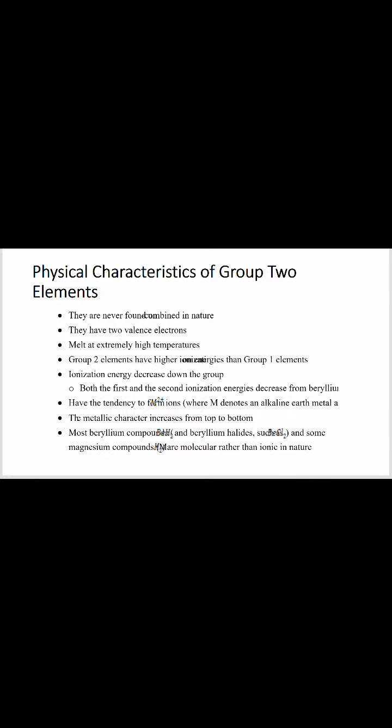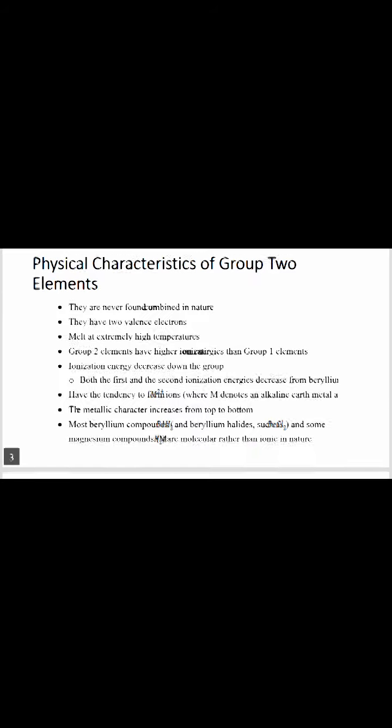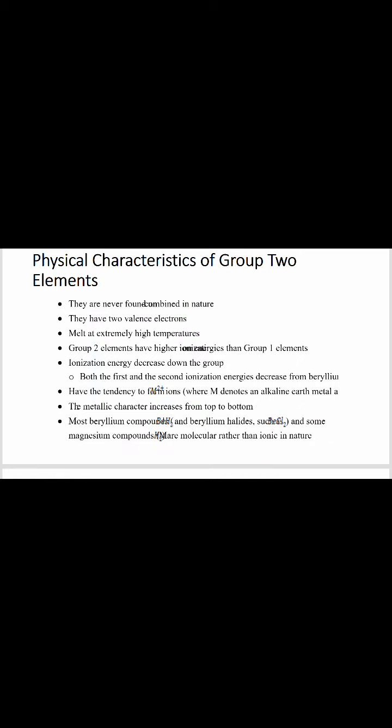Sasa if group 2 element wana electron wawili nje na group 1 ana electron mmoja, maana yake group 2 watahitaji energy nyingi kuvuta wale electron wawili kuletwa toward the nucleus, na ndio maana tunasema ionization energy ya group 2 is higher compared to group 1. Kwa hiyo group 2 kwa sababu ana electron wawili nje wanavutwa wote kupelekwa kwenye nucleus, wakati group 1 ana electron mmoja tu ambaye anavutwa kwenda kwenye nucleus.